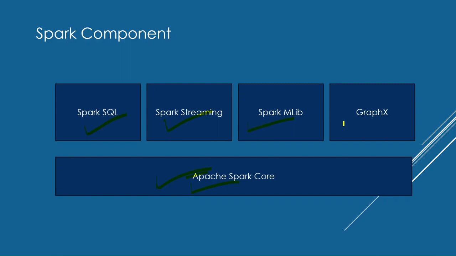So let's discuss GraphX. Spark also comes with a library to manipulate graphs and perform computation, which is called GraphX. Just like Spark Streaming and Spark SQL, GraphX also extends the Spark RDD API, which creates a directed graph.